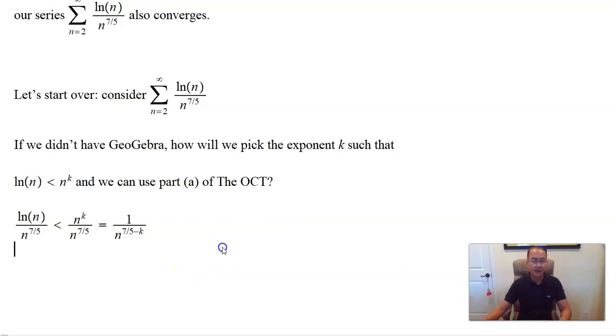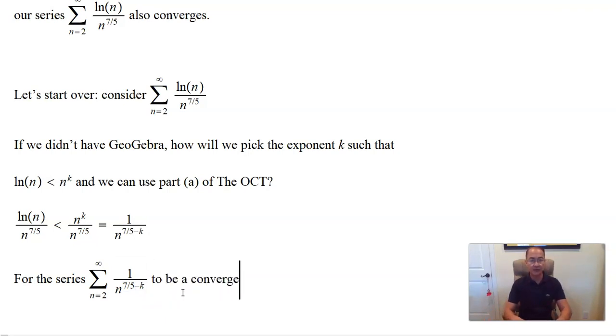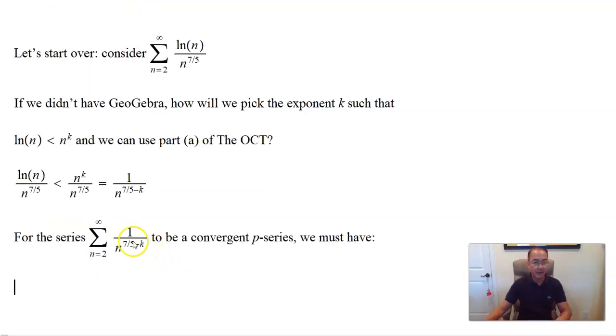All right. So now, for the series summation 1 over n to the 7/5 minus k to be a convergent p-series, we must have that the exponent 7/5 minus k has to be bigger than 1. Which translates to, let's bring the 1 over and switch it with the minus k.